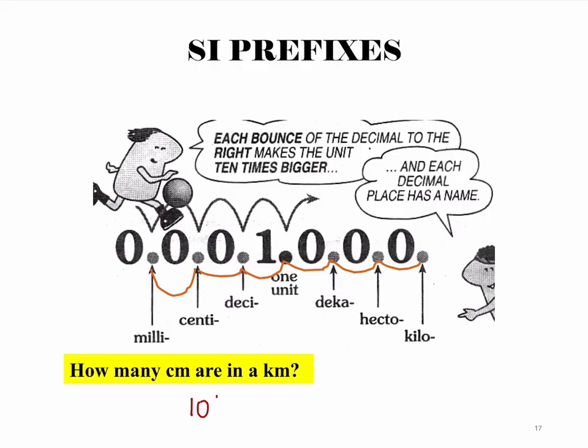So there are going to be 10 to the 5 centimeters in 1 kilometer, or 100,000 centimeters. And you don't have to do this method of moving everything by 1 decimal place if that doesn't resonate with you. You can also say, well, there's 100 centimeters in a meter, and then there's 1,000 meters in a kilometer, so 100 times 1,000 should give you 100,000, which is 10 to the 5.